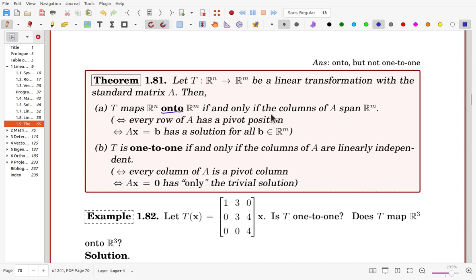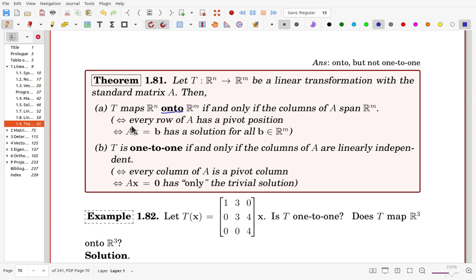If and only if the columns of A span Rm, and because Ax is just a linear combination of the columns of A, once the columns of A span Rm, it means that the range is the same as Rm, right? So we can easily figure out this first statement.